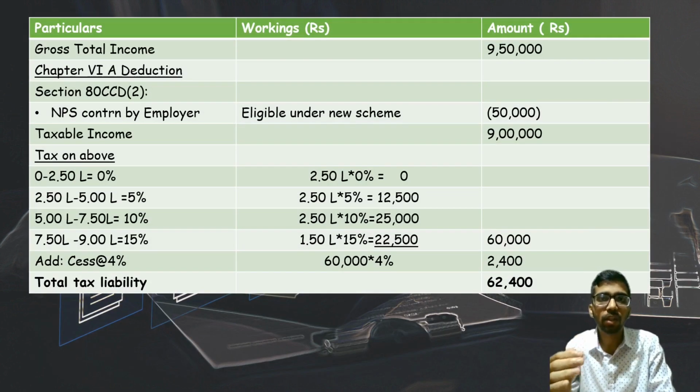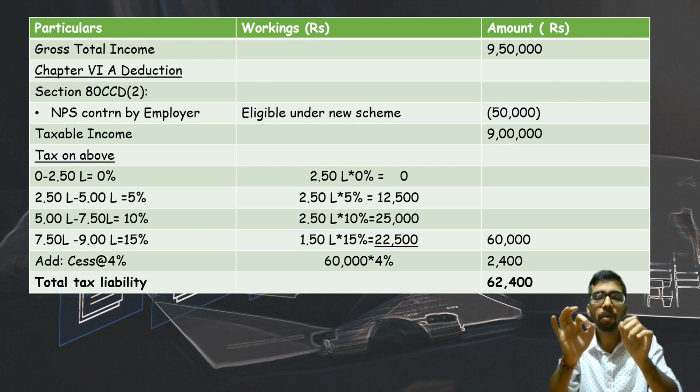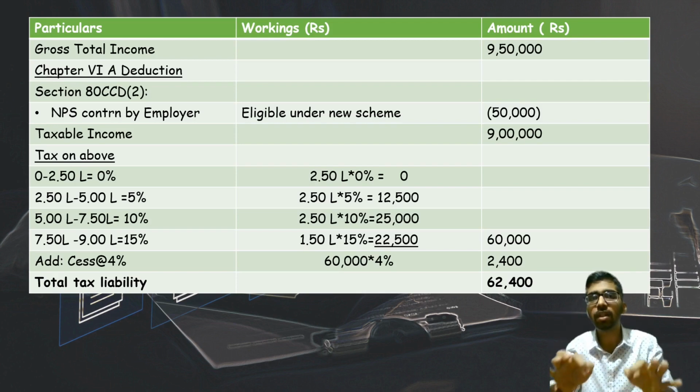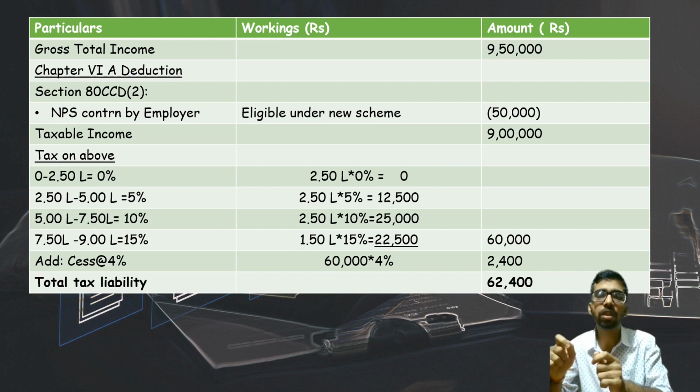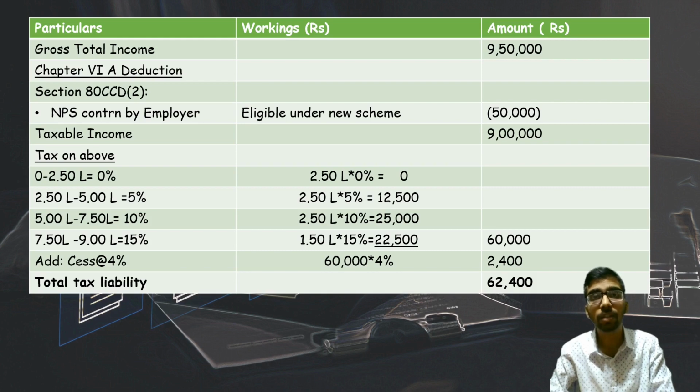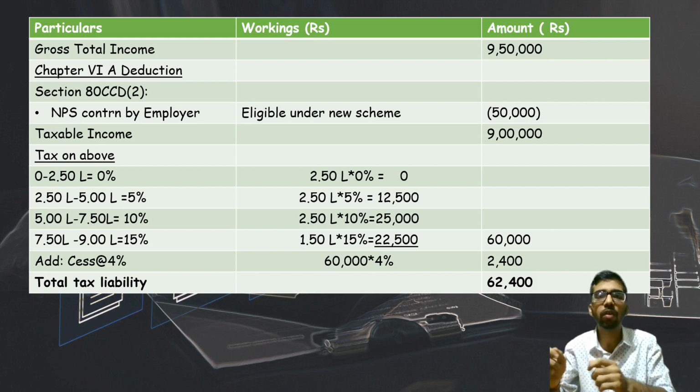Chapter 6A deduction is only to the extent of his employer's contribution to the NPS under Section 80CCD(2), which is eligible in the new scheme, that is 50,000. Taxable income is 9 lakh. If you apply the tax rate, the tax amount comes to around 60,000, and after adding cess, this is 62,400.